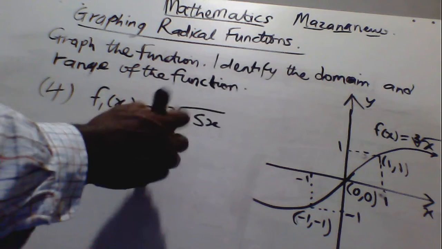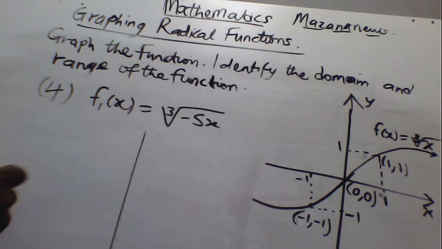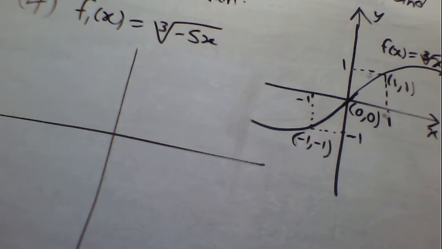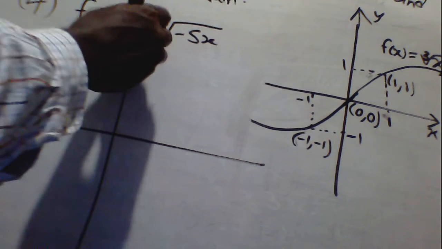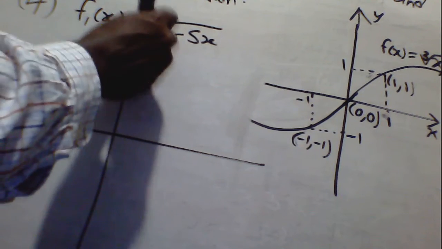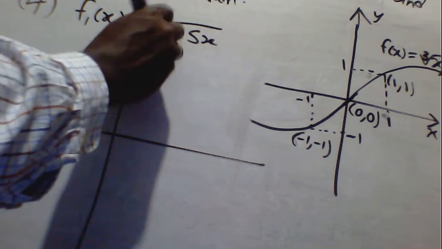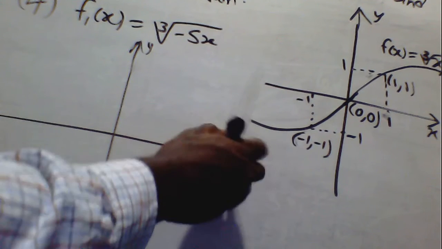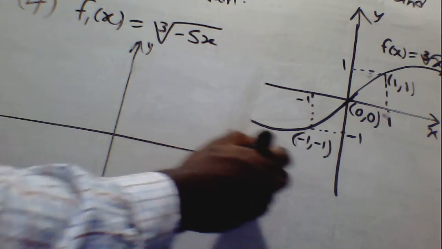So from here we can now plot the graph of f1. So let's go. Here is y. There is x.